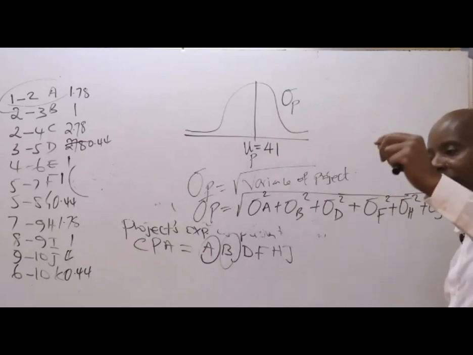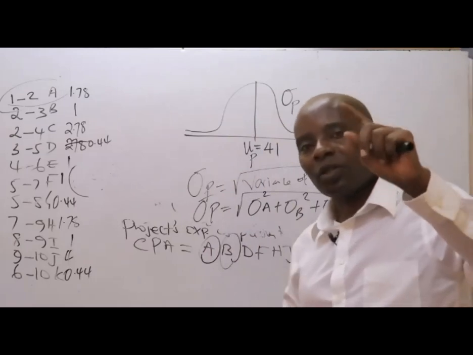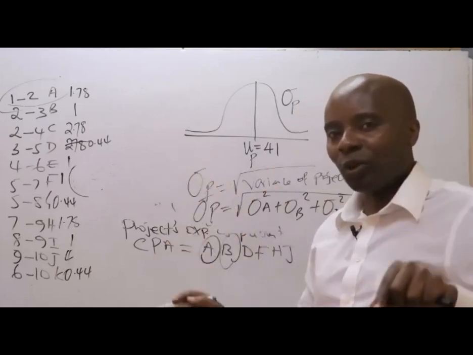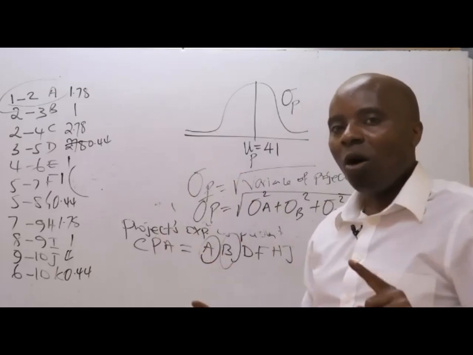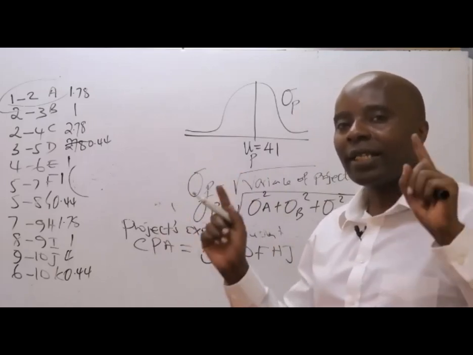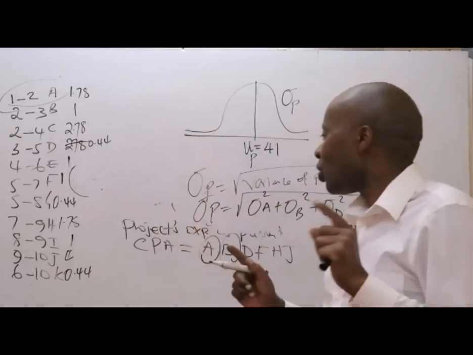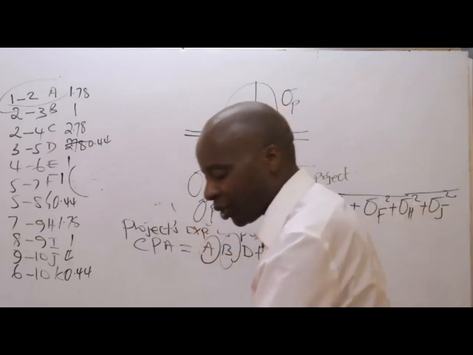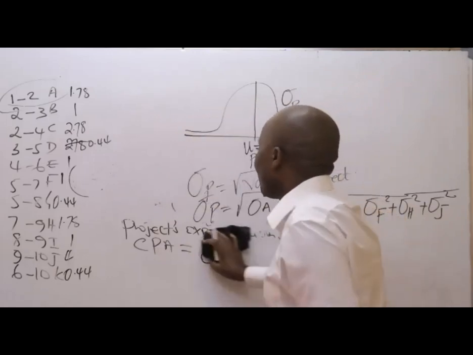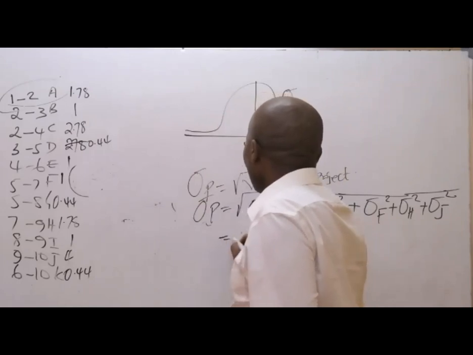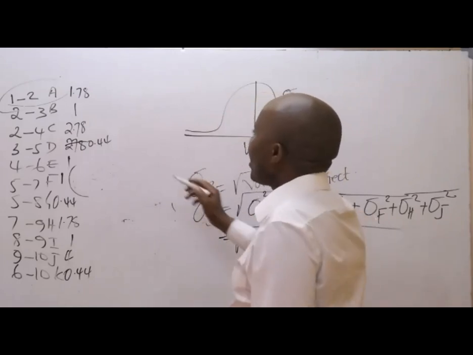So what have we said? We've just said that the variance of the project would always be given by adding together the variance of critical activities. So please come and pick up the critical activity variances. Fortunately, we have them. Variance of A is given here.